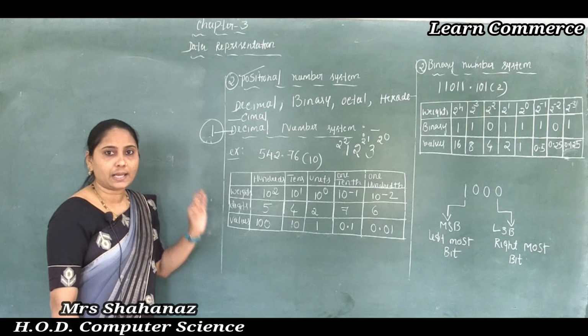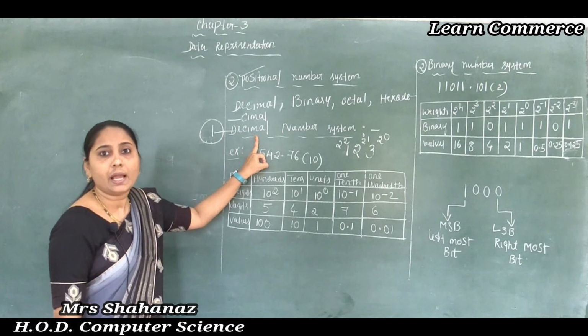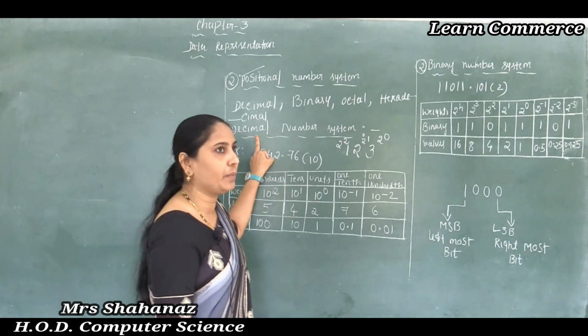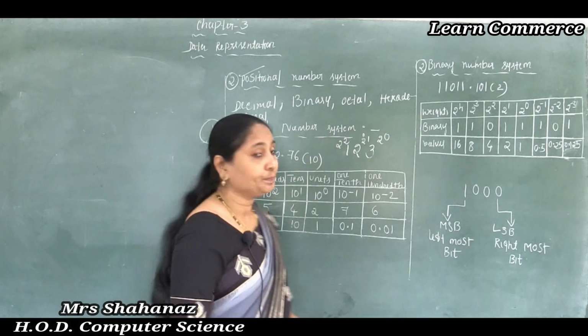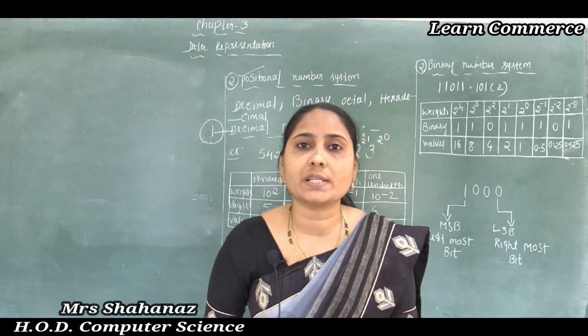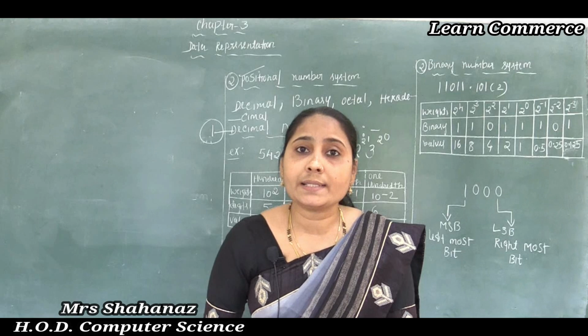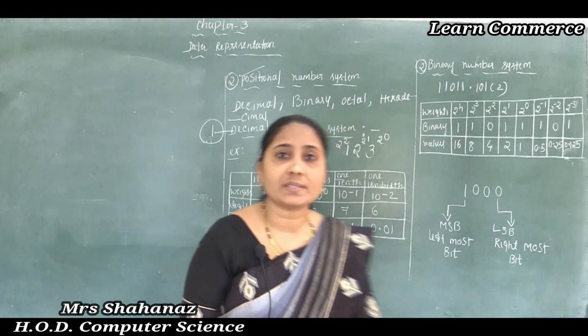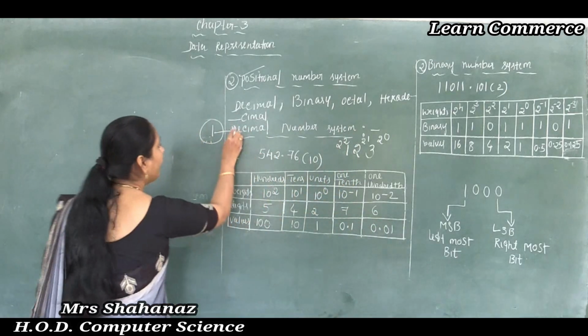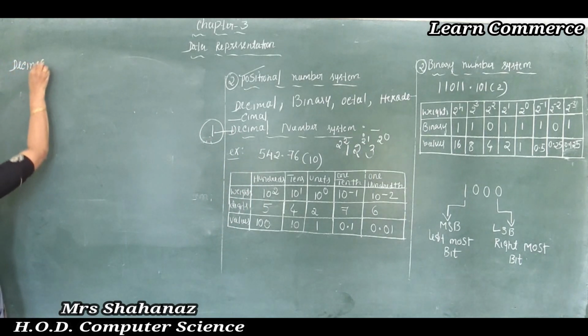Now I have selected the first number system. The first number system is the decimal number system, okay. This is the most commonly used number system in our daily life, and the radix of the decimal number system is 10, okay. So what is the base or radix of the decimal number system?